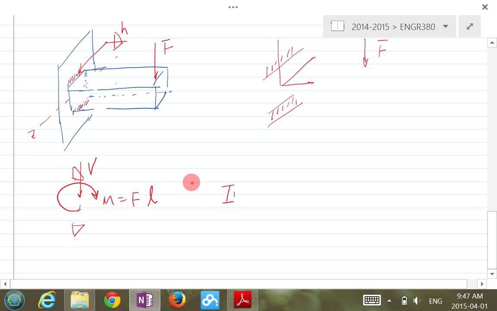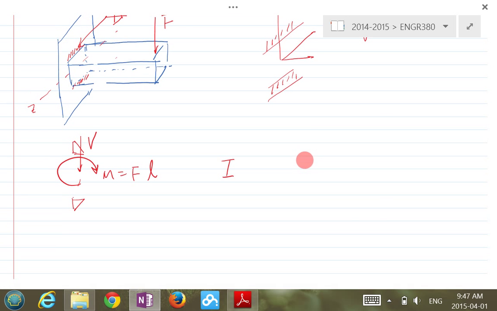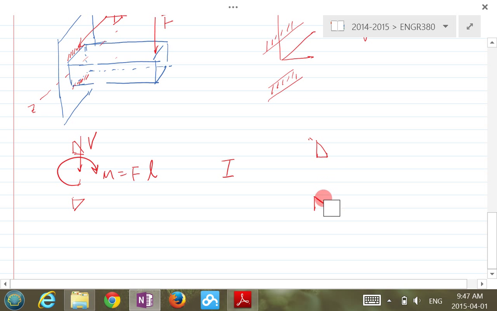Now, if I go back to this location here, let's say here is my weld. I'll just redraw it here. Okay, so we'll do a stress analysis. You should imagine there is this bar over here, right? There's this bar here.